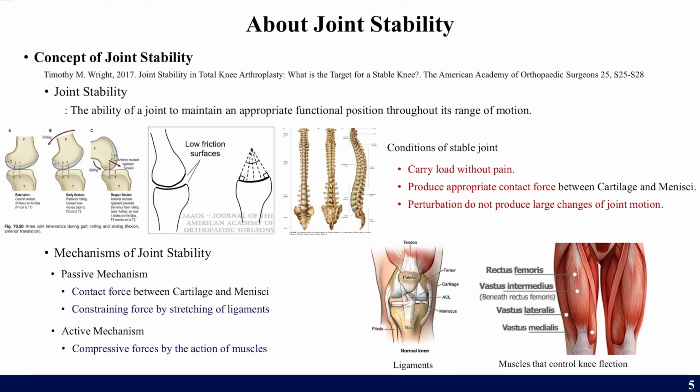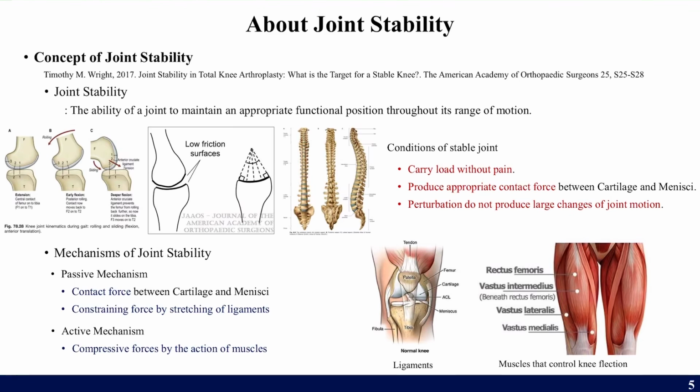And my research will focus on the third condition. Then how the joint stability kept when doing some motion. There are two mechanisms to keep the joint stable. The one is the passive mechanisms.